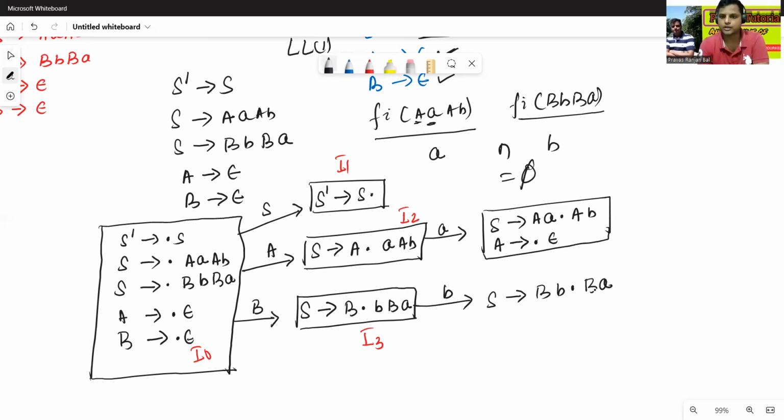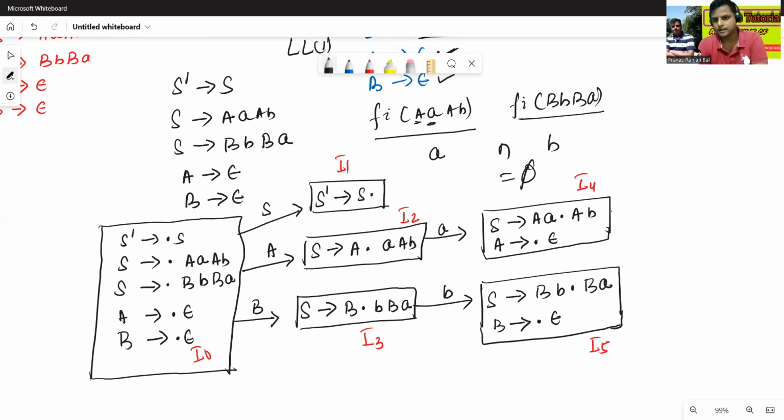Now we'll find the closure of B. So B to dot epsilon. I2, I3. So it is I4, it is I5.